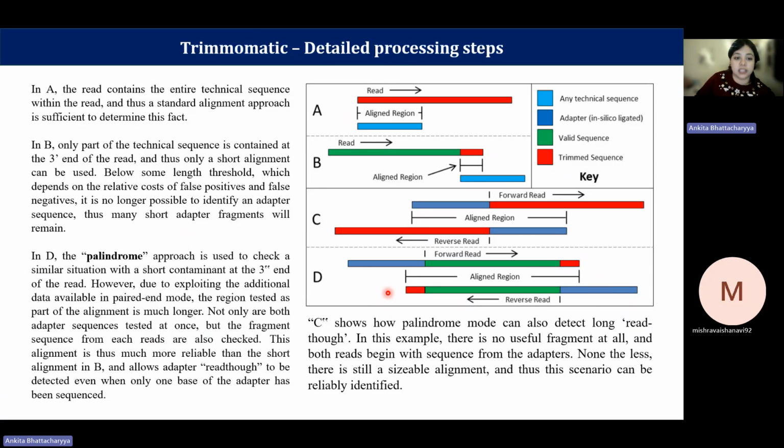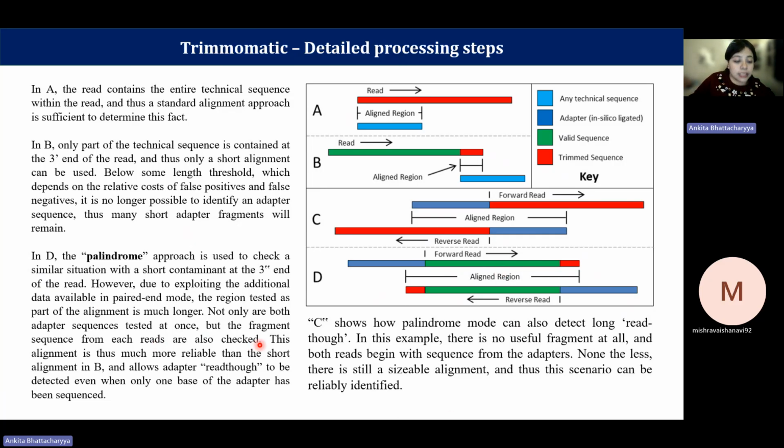So this entire analysis is a lot more reliable. A, because a longer region is being taken into consideration. B, because when you have such long reads, you are now sure that this exact green region is your valid sequence, and anything outside of that is not valid, is an adapter sequence, and should be gotten rid of.